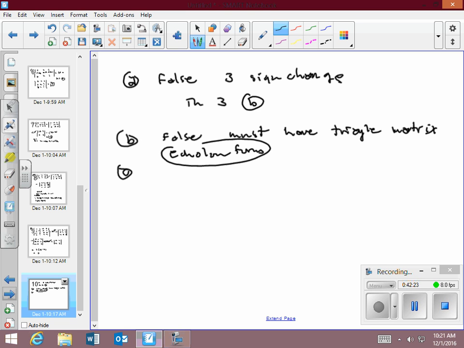A column of zeros will do it, because when you tried to get your diagonal in reduced echelon form, you would have a zero in one of those spots, but a row wouldn't give it to you. I think it's false.